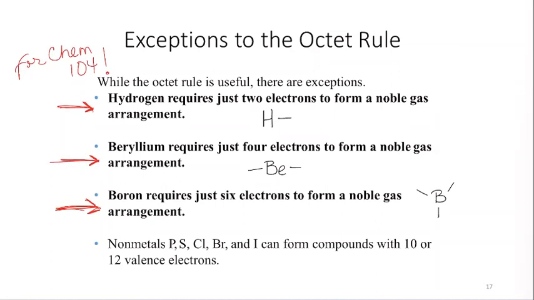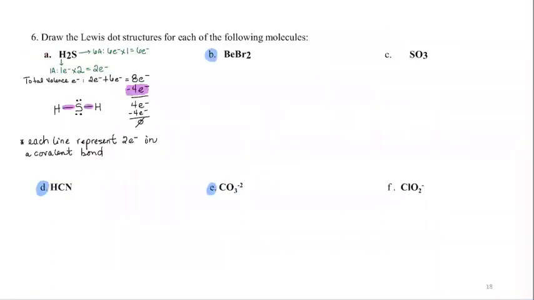So yesterday, we went over how to do specifically the Lewis dot structure for H2S, okay? Now, let's actually do a little bit of practice when it comes to this.